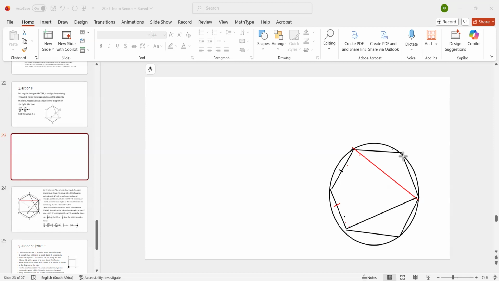And then you have from this point here, you have something that goes down and cuts X. Right? And we had a ratio.